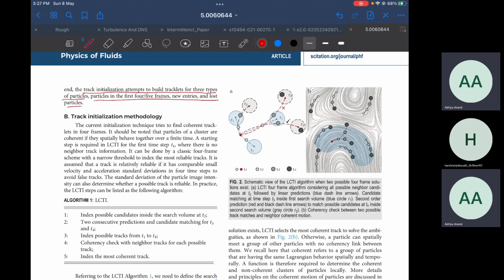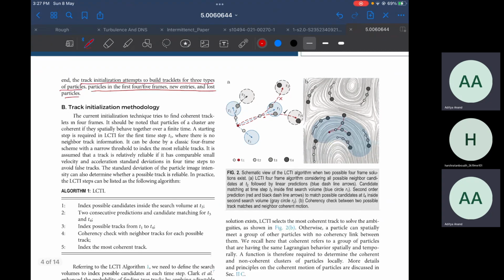You see, these neighboring particles actually flow in this manner. So it's taking this track as the optimum, and it's rejecting this one. However, what this paper says is that you should look at the Lagrangian coherent structures as well before selecting the particles.